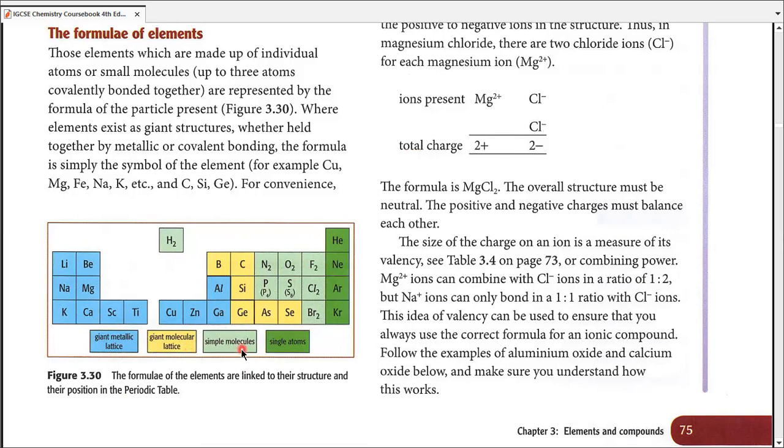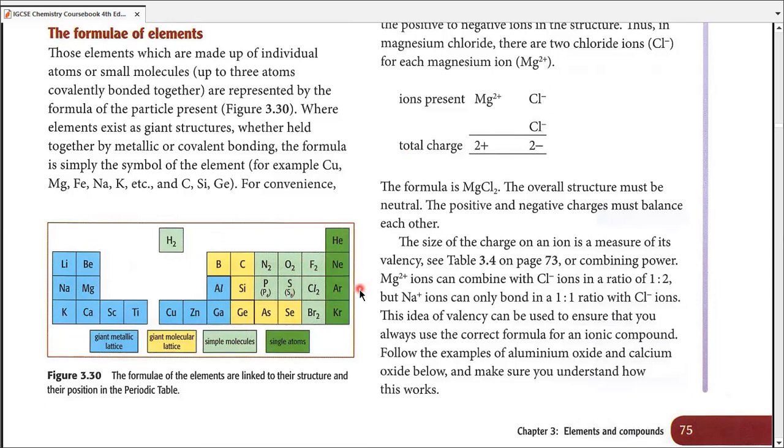The ones that are given in gray color are simple molecules. They are the ones which are going to form simple covalent compounds with one another by bonding. We have studied most of them, like hydrogen, nitrogen, oxygen, chlorine, bromine, fluorine. However, something that is new over here is phosphorus P4 or sulfur S8. I'll clear them up too a little later.